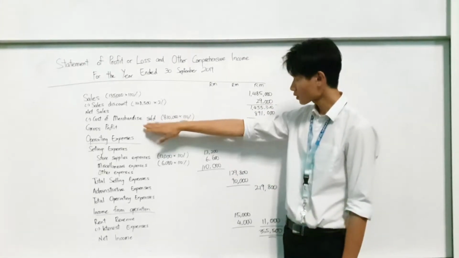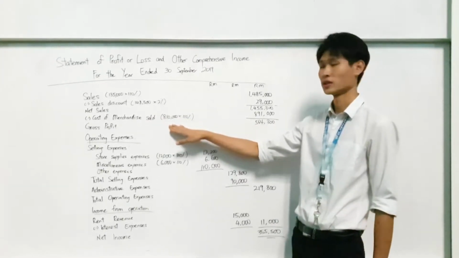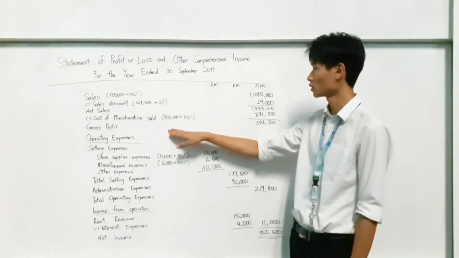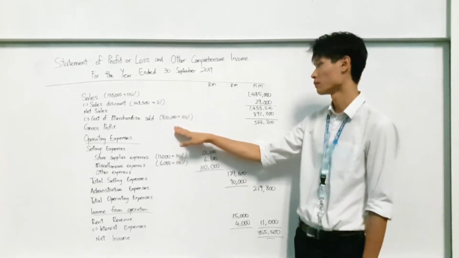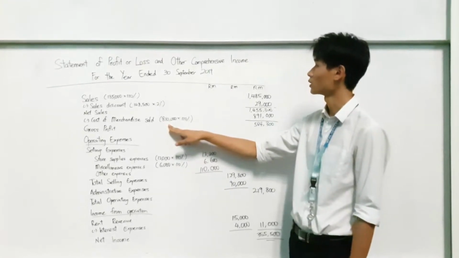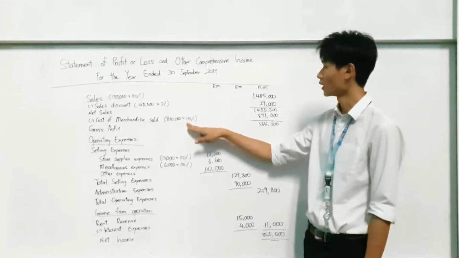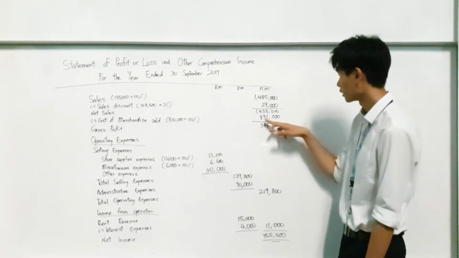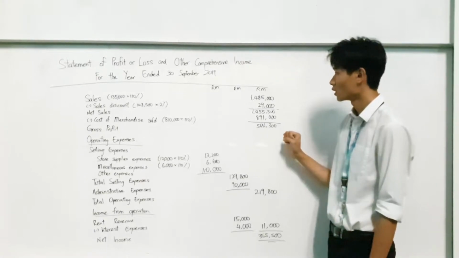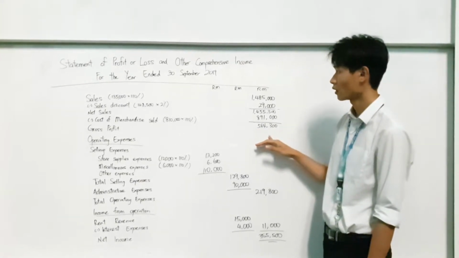After that, the cost of merchandise sold also will increase 10%, as the sales also will increase 10%. So 810,000 times 110% will get 891,000 ringgit. So how to find gross profit?